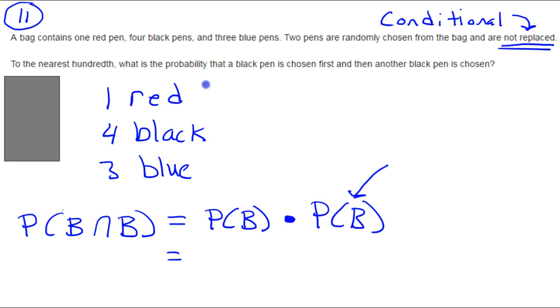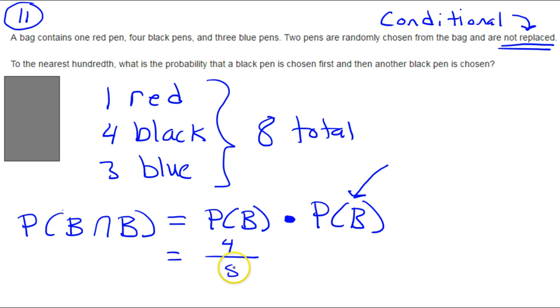The probability of picking a black pen. Let's talk about the total number of pens. Let's see, we have 7, 8. We have 8 total. So the probability of picking the first black pen, target over total, there are 4 black pens out of a total of 8. Now let's talk about the probability of picking the second black pen. It is not going to be 4 out of 8 again, because one of the black pens is already gone and we are not replacing it.